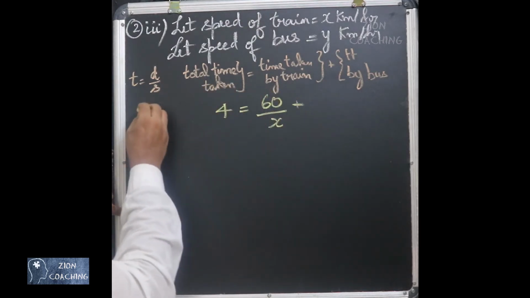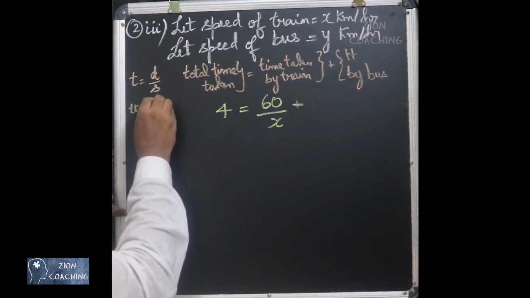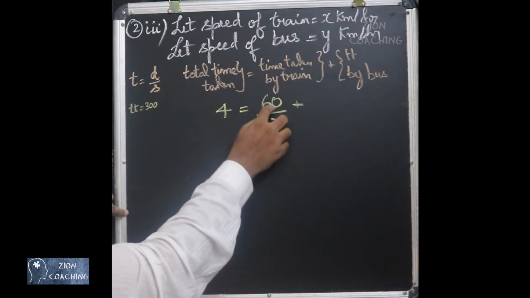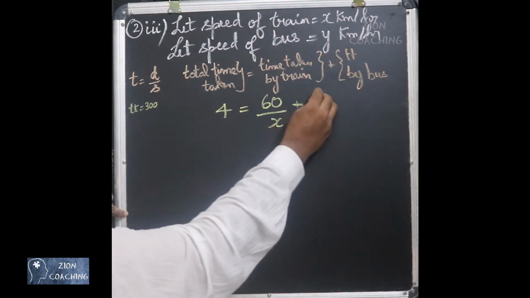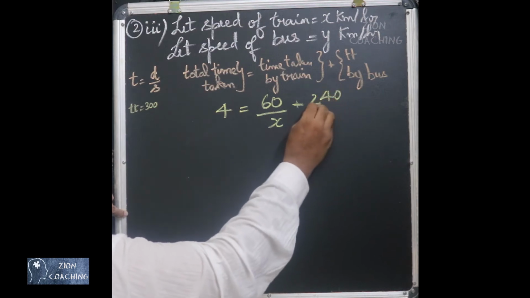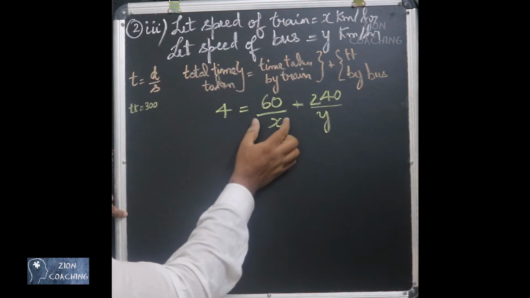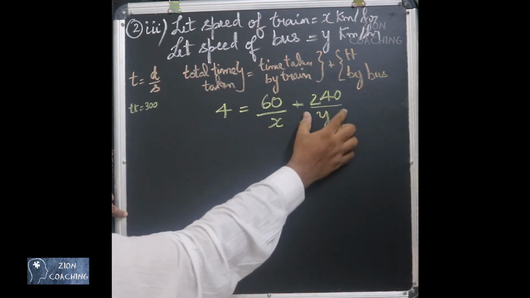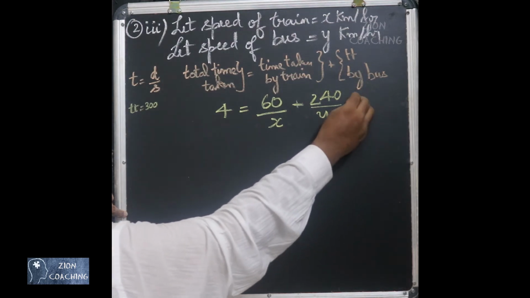If total distance travelled is 300 km and distance travelled by train alone is 60, what is the distance travelled by bus? That is the remaining, which is going to be 240. Remaining 240 kilometers is travelled by bus and the speed of bus is y. So this gives the time taken by train and this gives the time taken by bus. So we will keep this as 1.